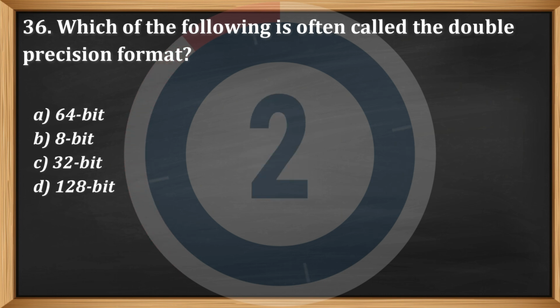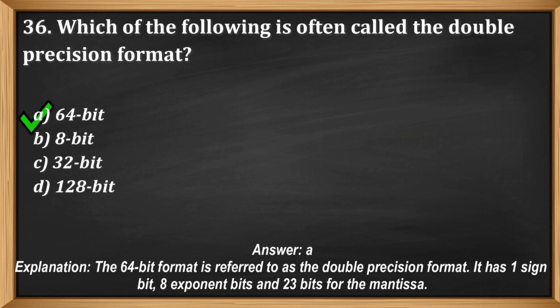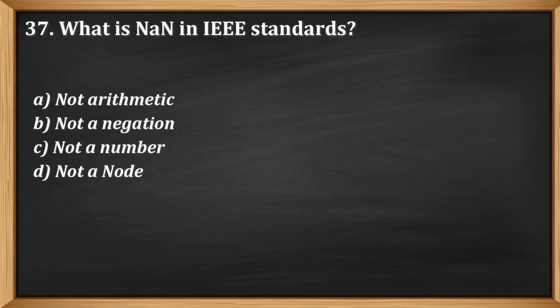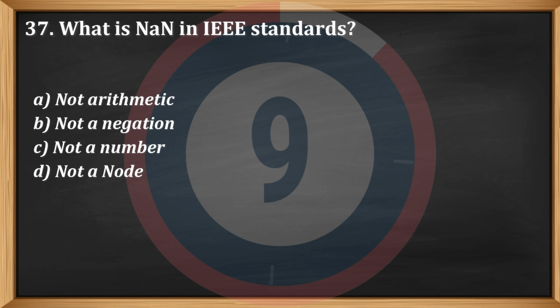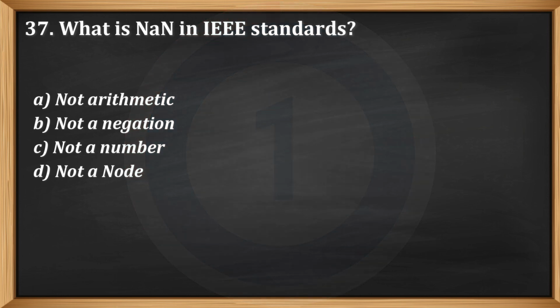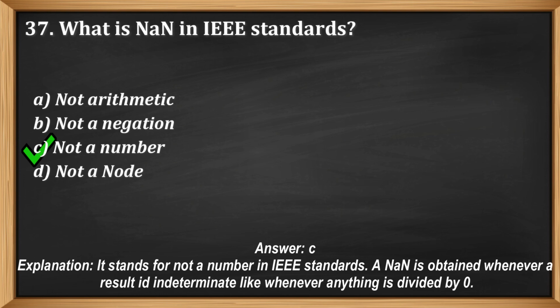Which of the following is often called the double precision format? Option A, 64 bit. What is NaN in IEEE standards? Option C, not a number.